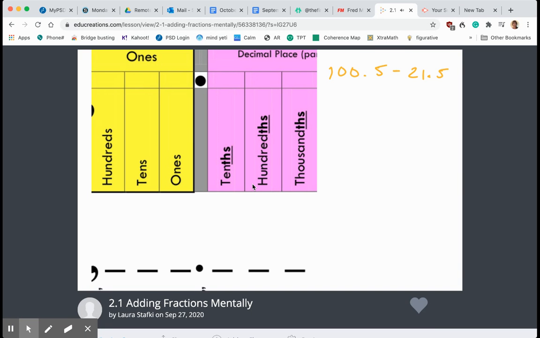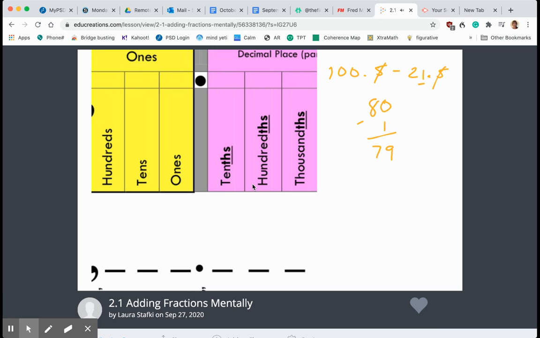Now mentally, they're saying that you could subtract these 5s and you would get 0. And then you could subtract 20 from 100 and you would get 80. And then you have your 1 left over, so you would get 79 if I take that 1 away. Okay, that would be mentally.